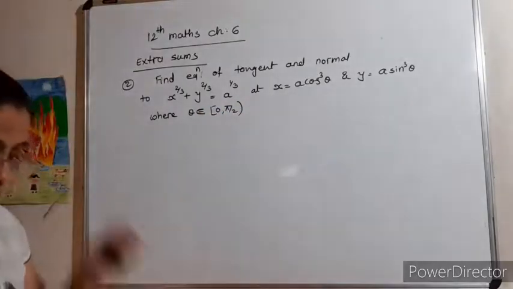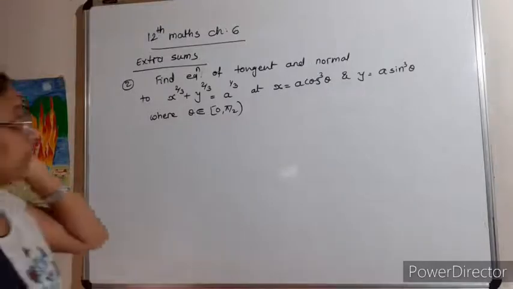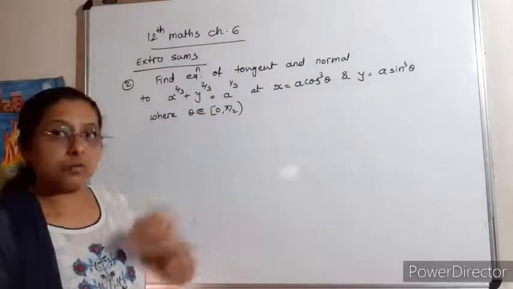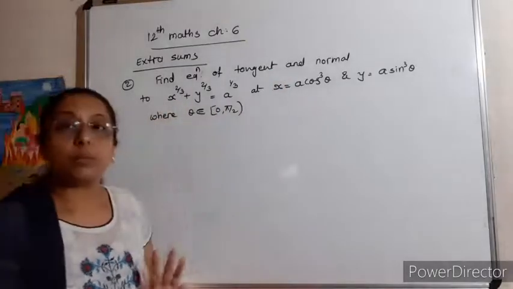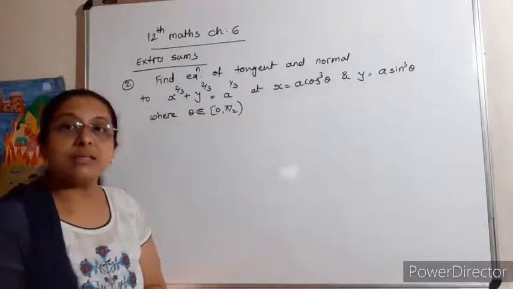Now, you want to find the equation of the tangent and normal, where this is a curve and here x and y is the point. Point is given, then it is easier for us.